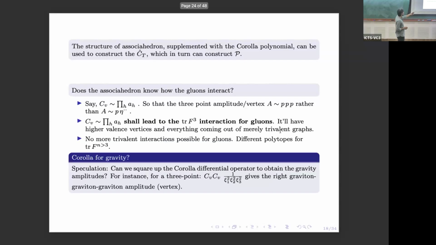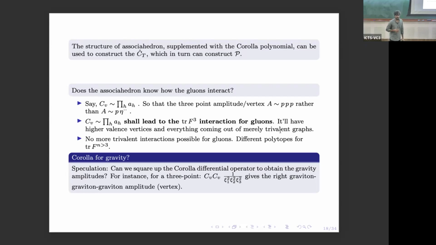So the amplitude will be that of a trace phi cube. It can be engineered to have trace phi cube. And if you want F cube, yes. If you want F4 and so on, then it will be complicated because it's not trivalent anymore. You can't start from phi cube theory and get trace F4 because the beginning vertex is a phi 4.